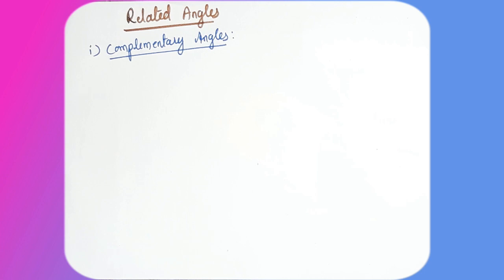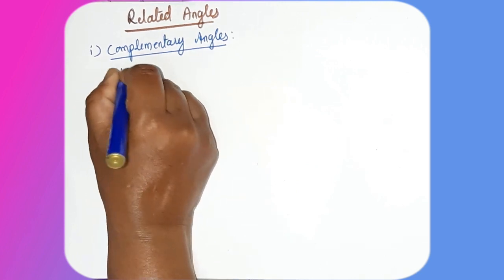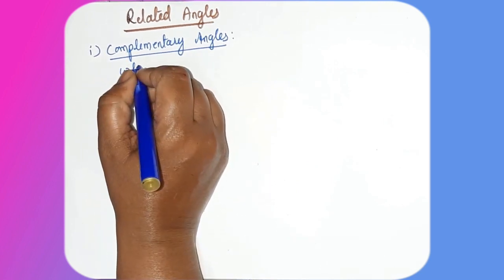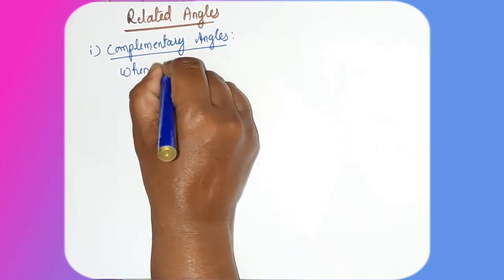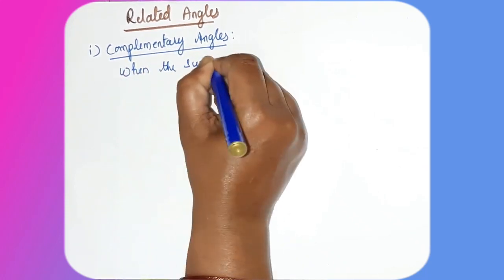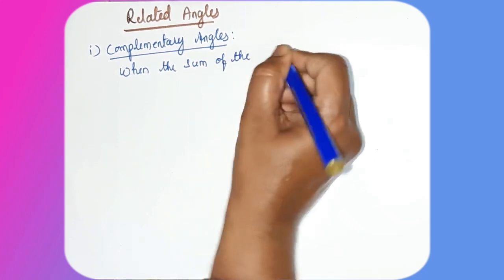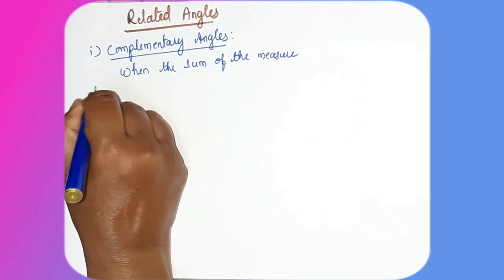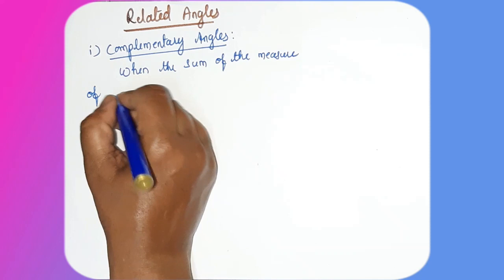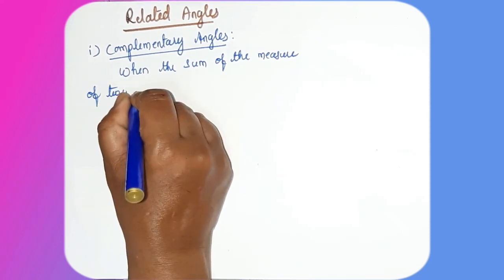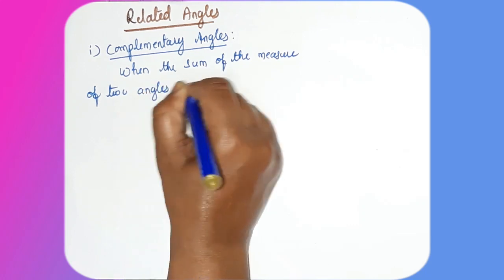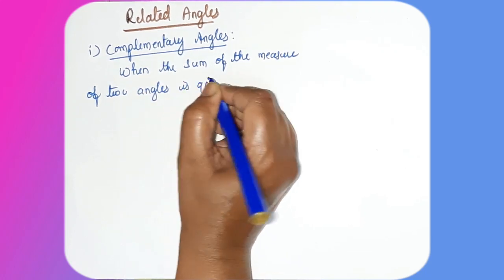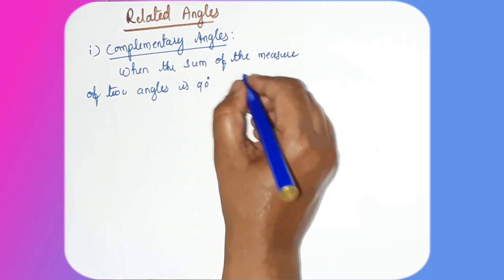See, what are complementary angles? When the sum of the measures of two angles is 90 degrees, the angles are called complementary angles.